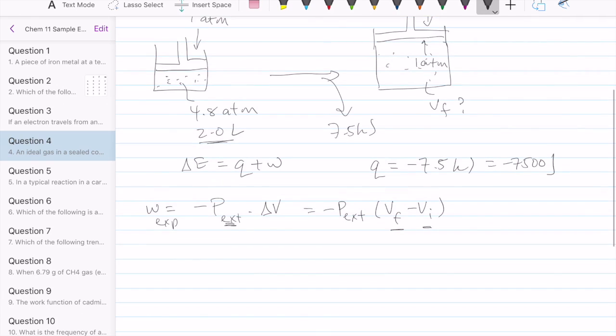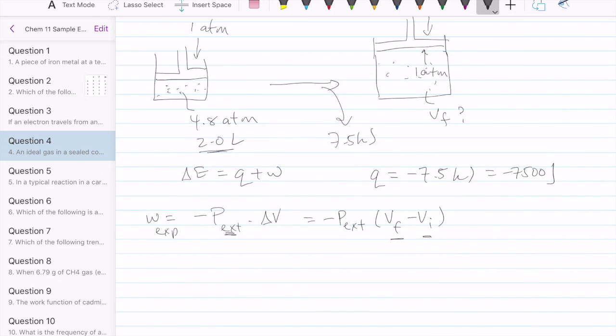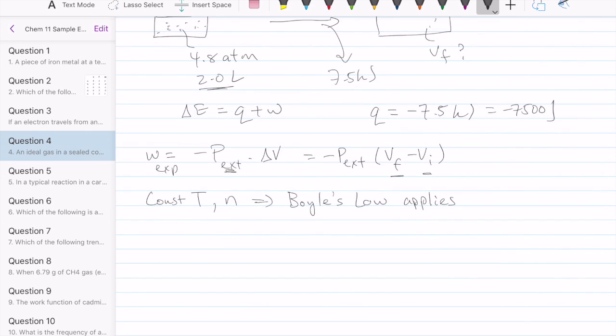But we know that this expansion occurs at constant temperature, and the gases are sealed in this container, so the number of moles also doesn't change. If you have constant temperature and number of moles, of course that means that Boyle's law applies. This is something we learned when we discussed the ideal gas equation. So if Boyle's law applies, then P1V1, the initial, should equal P2V2, the final.